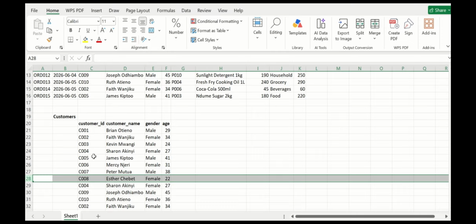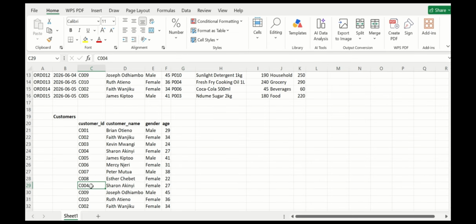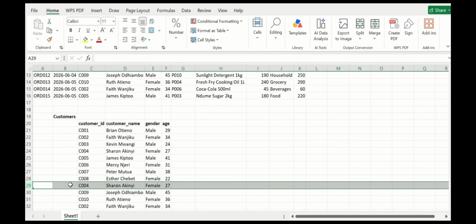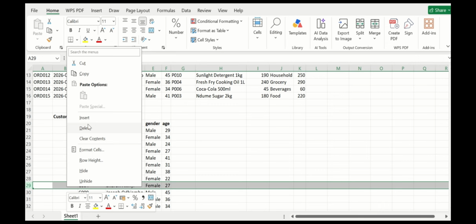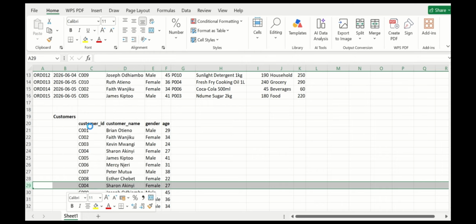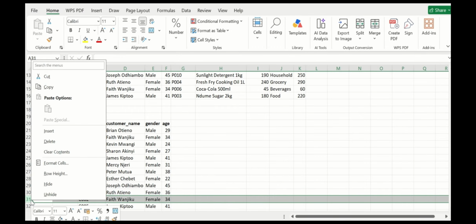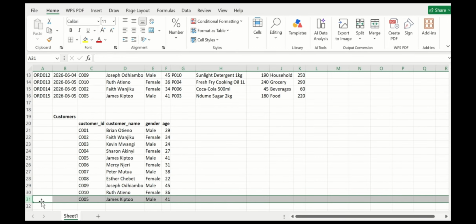And then is there any repetition? Yeah, 4 here. Also 4 we'll have to remove. And then 2 and 5 here. Delete 5 also, we delete.